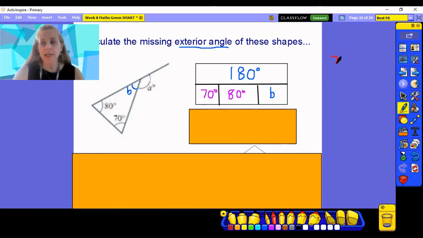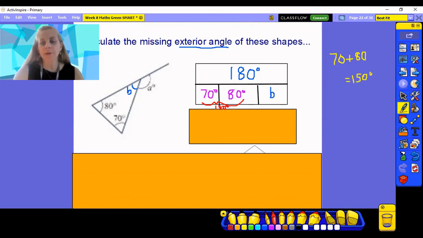If I put in a brighter colour so you can see against the blue, 70 plus 80 is 150 degrees that we already know about. We can put that information onto our bar model, that these two sections together give us 150 degrees.